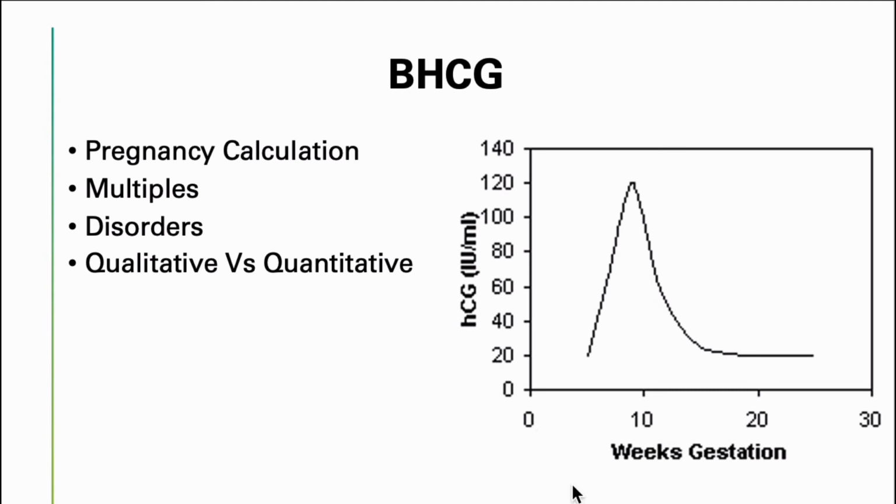All right, so if you're unsure if you're 9 weeks, 10 weeks, 11 weeks or 13 weeks pregnant, doctors have very good studies, and they know that women with certain levels of HCG will be at certain points of time in their pregnancy. Okay, so this is how beta HCG ends up working.